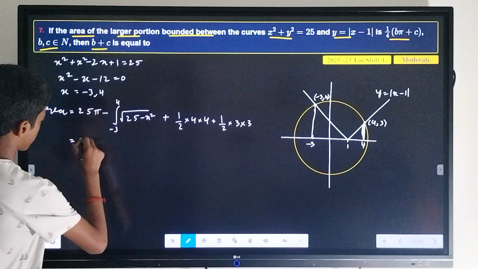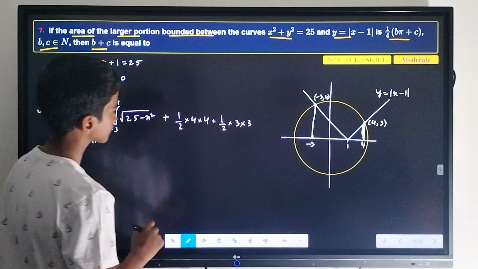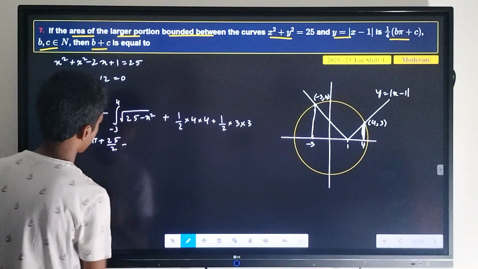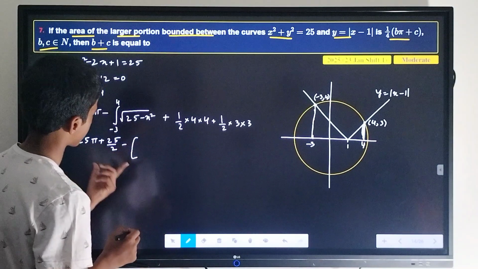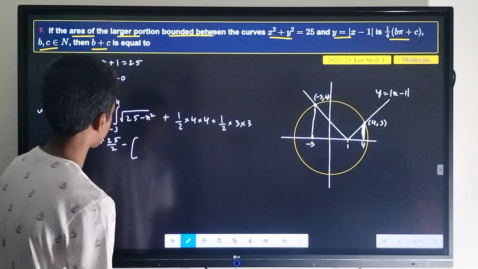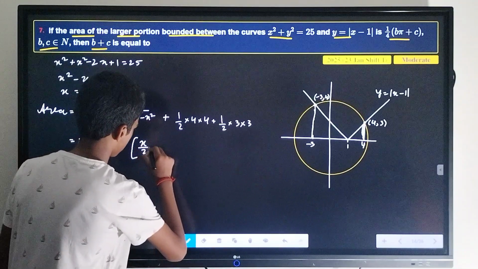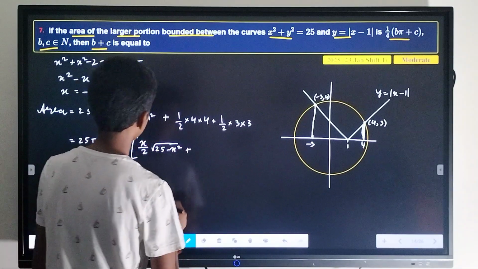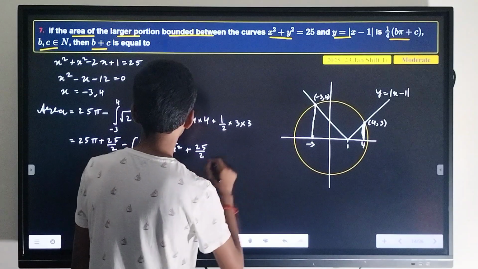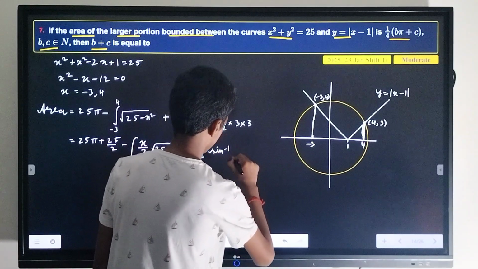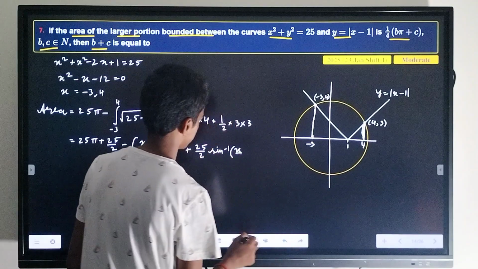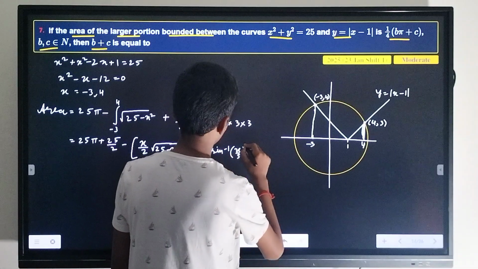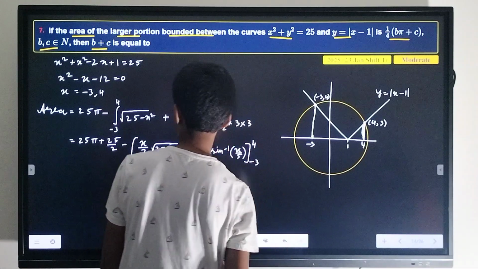So this is equal to 25 pi minus, 16 plus 9, 25 by 2, minus integral of under root of 25 minus x square, which will be x upon 2 under root of 25 minus x square plus 25 upon 2 sine inverse x upon 5, from minus 3 to 4.